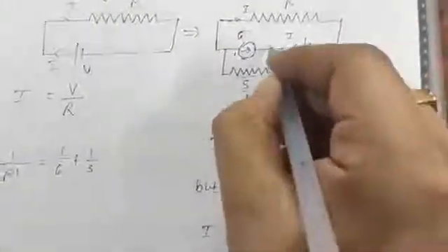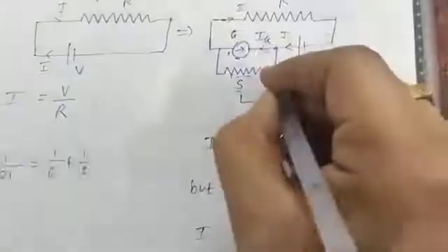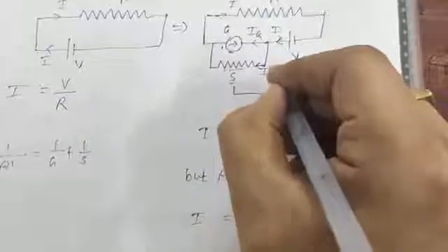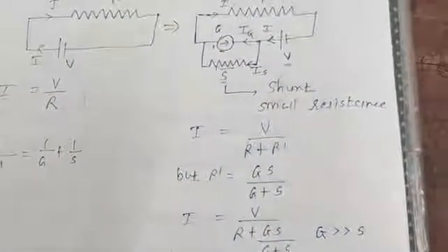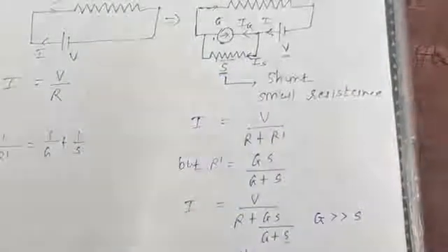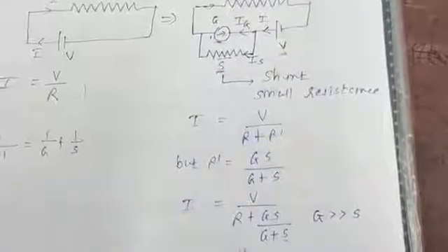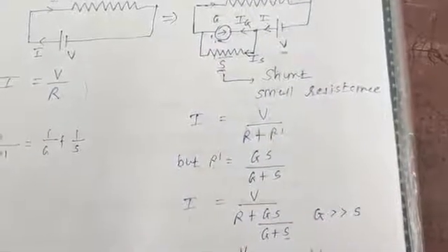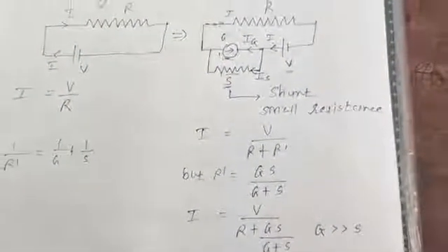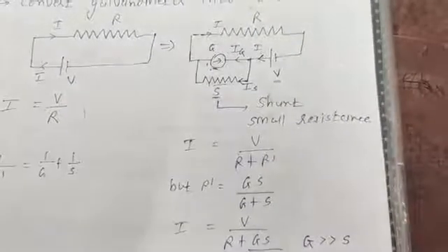So from this I, only Ig current will pass through the galvanometer and Is current will pass through the shunt, and this Is will be very much greater than Ig because this S is a very small resistance. Okay, so most current will not pass through the galvanometer, so galvanometer destruction will not be a problem. Okay, so the second problem is also solved.